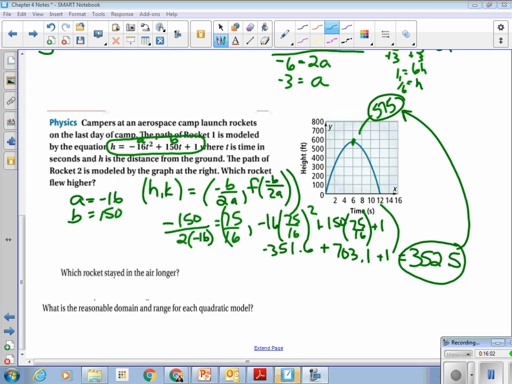Higher or lower? 352.5 higher than or lower than 575? It's lower. So which rocket flew higher? That would be rocket 2 went higher.